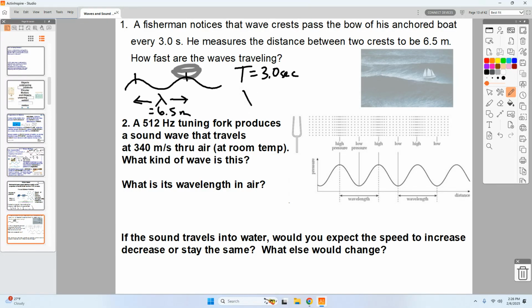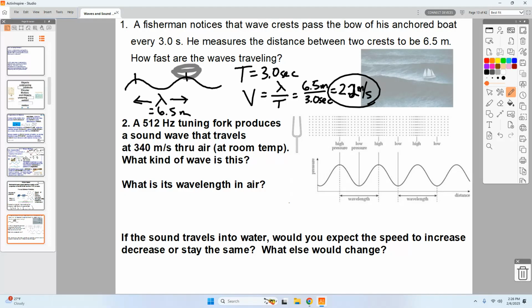I'm just going to use this version of that equation. 6.5 meters, that takes 3 seconds. That would be 2.1 meters per second. If I did that math correctly, it could be 2.2. It's 2.2. So that wave would be moving at about 2.2 meters per second.